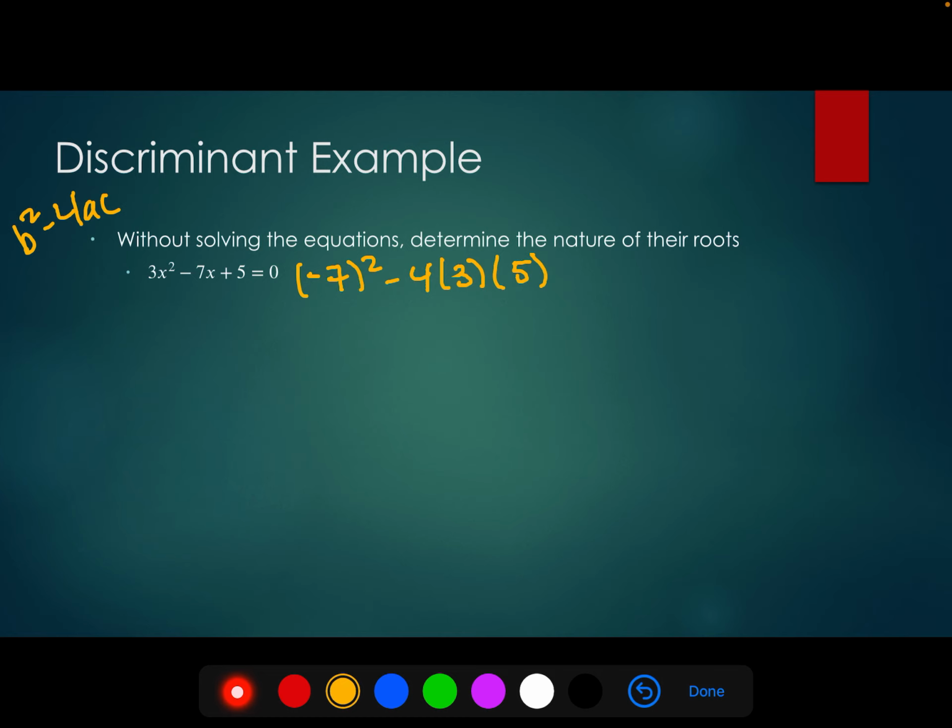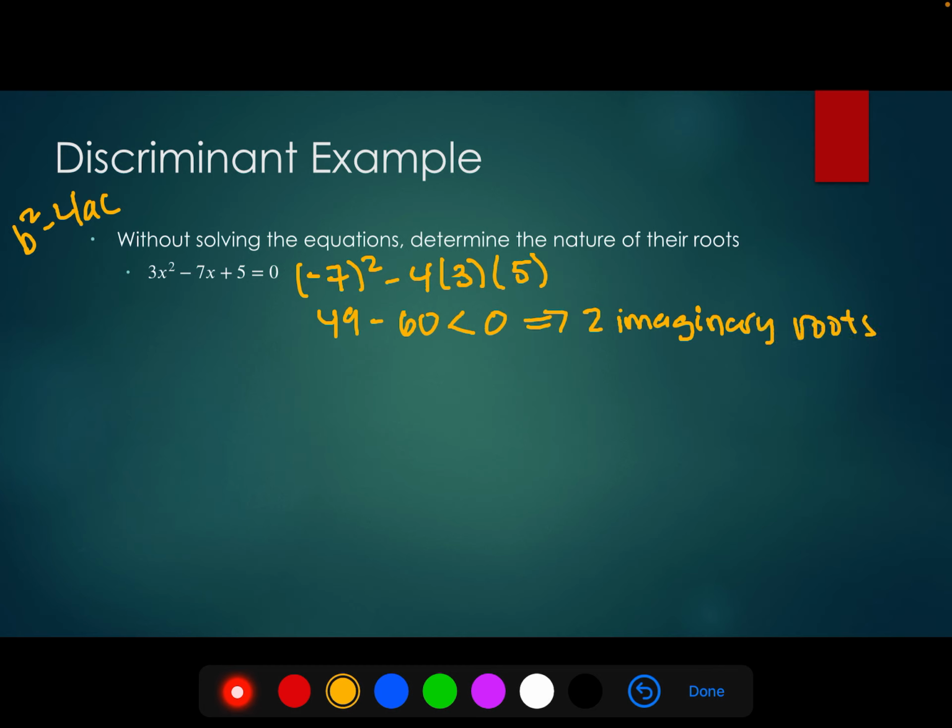And then we just go ahead and simplify. So this is 49 minus 60. And from here, we don't even have to solve anymore. We know that 49 minus 60 is less than 0. So because of that, we will have two imaginary roots.